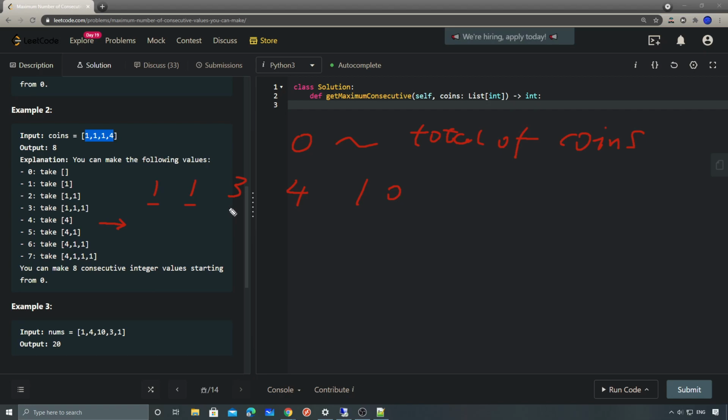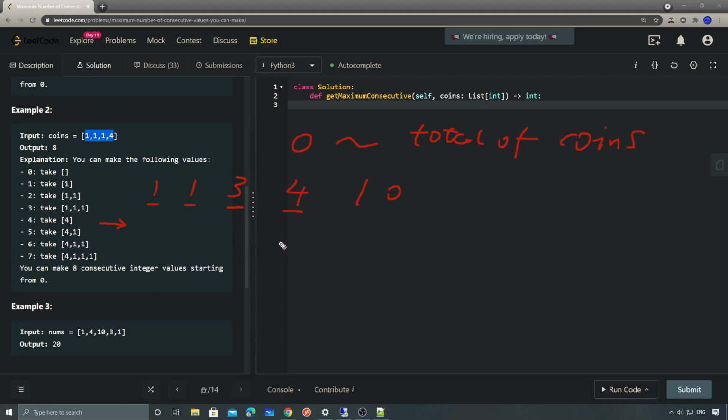And then the next one is 3. So 3 is also possible because from 1, 1, the next one is 3, and from 3 the next one is 4. But here we have another 4 here, which means this is also possible. But one thing we have to be careful about and pay actual attention to is that, let's say we can make 3 with the current values.